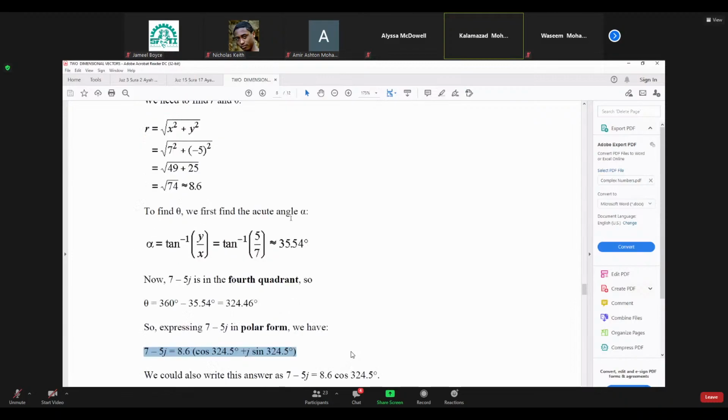This angle here is wrong, isn't it? Check it and see.